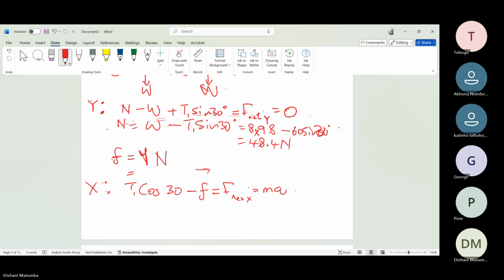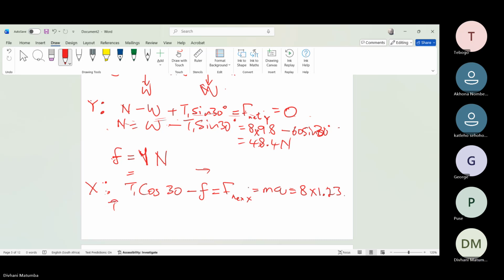We have already calculated our acceleration, and it tends to be 1.23, and our mass is 8. We are trying to calculate the frictional force.